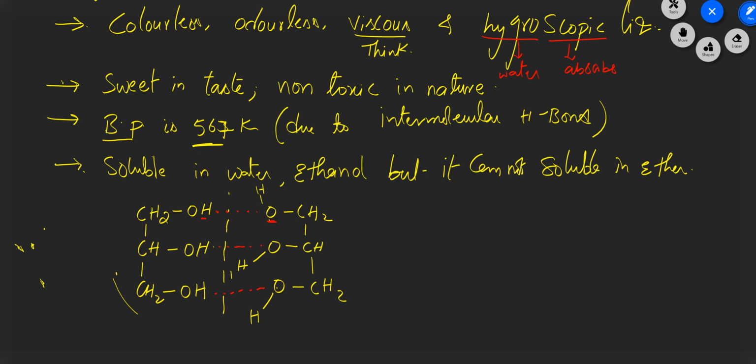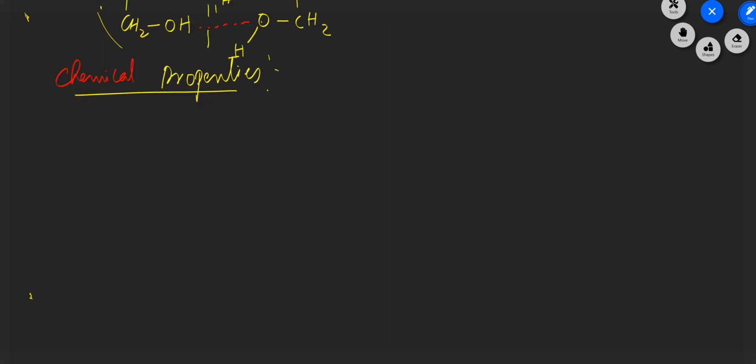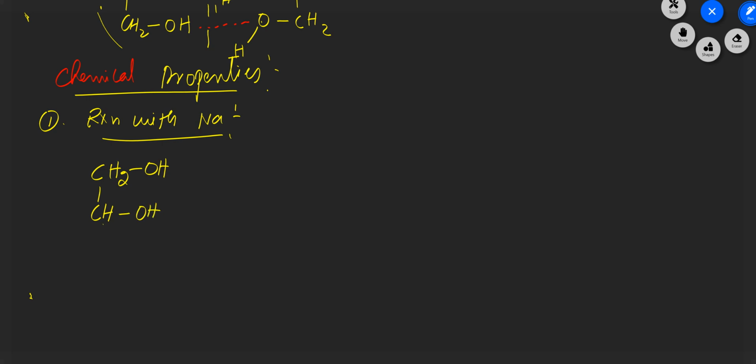So chemical properties: the first one is reaction with sodium. If I take glycerol, CH2OH, CHOH, CH2OH, and react it with sodium metal at room temperature, what is the role of the sodium?